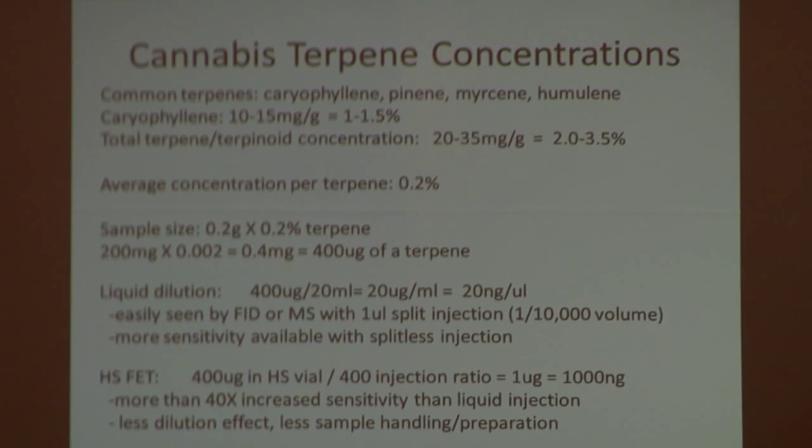But that's still going to give us about 1 microgram. It's 1,000 nanograms. 1,000 nanograms is a lot of sample. Okay, so that's more than a 40-fold increase in sensitivity versus a liquid injection. And it's a very simple, quick, easy extraction, with less dilution effect, less sample handling, less preparation.